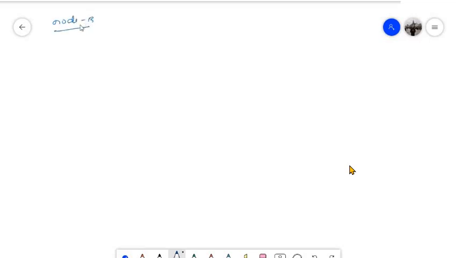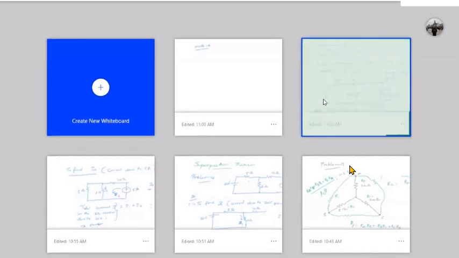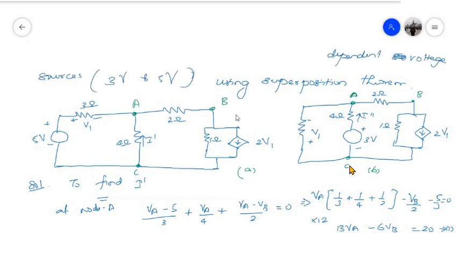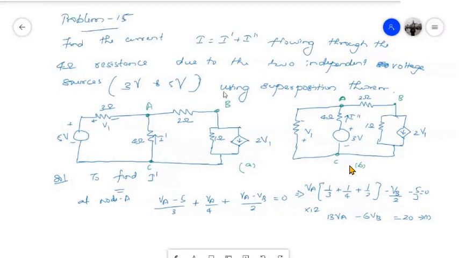So in the circuit A, let's analyze node B. When you analyze this node B, you will be assuming that node B is at a higher potential than the other nodes. So current will be flowing from this higher potential to the other lower potentials. So we will take the currents in this direction, and this direction.